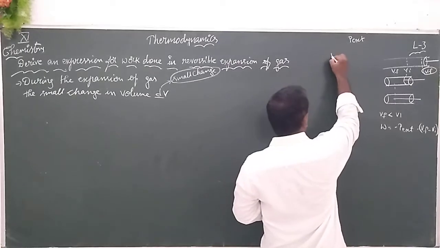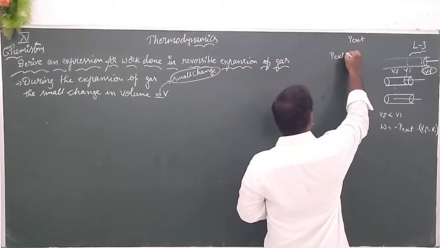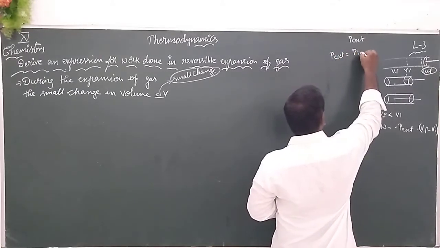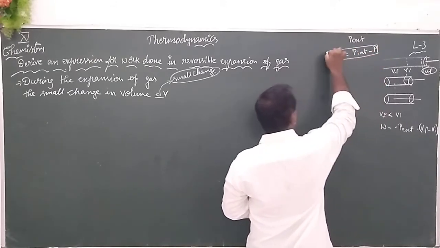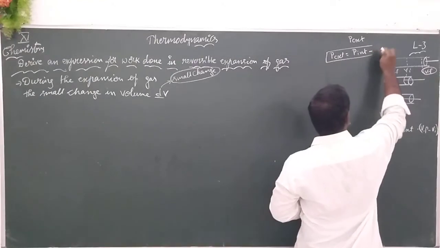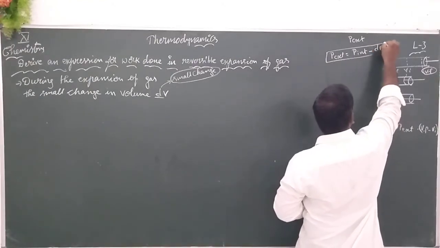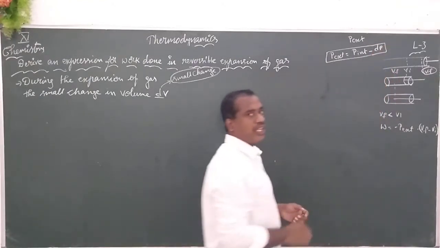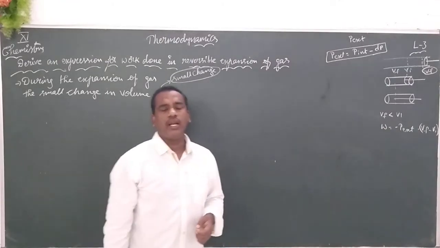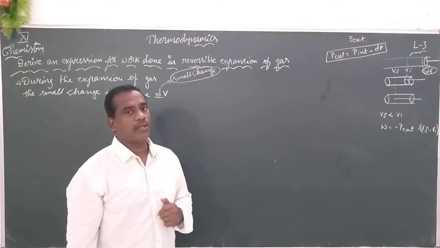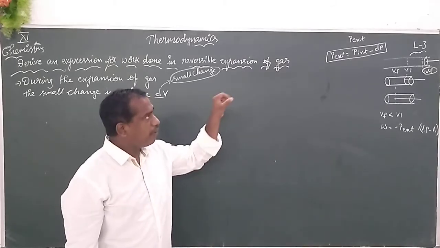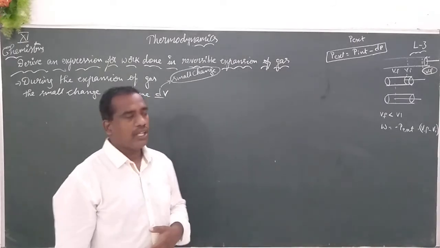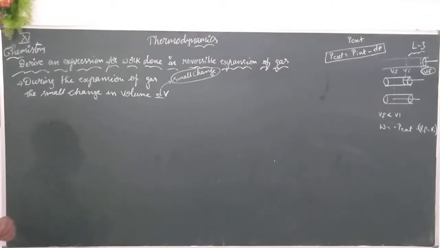So this external pressure is obtained by removing a small change in the pressure from the internal pressure. How do you express the external pressure here, children? By subtracting a small change in the pressure from the internal pressure. So that is useful in deriving the next step.